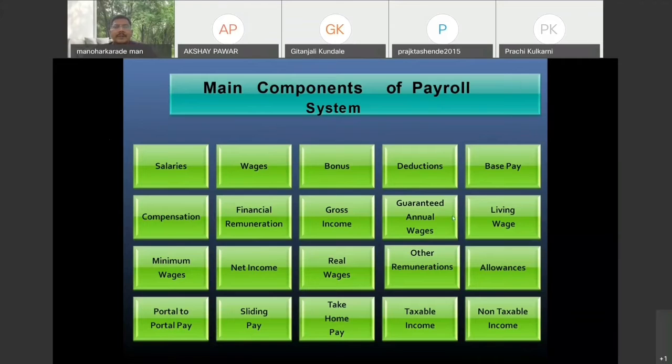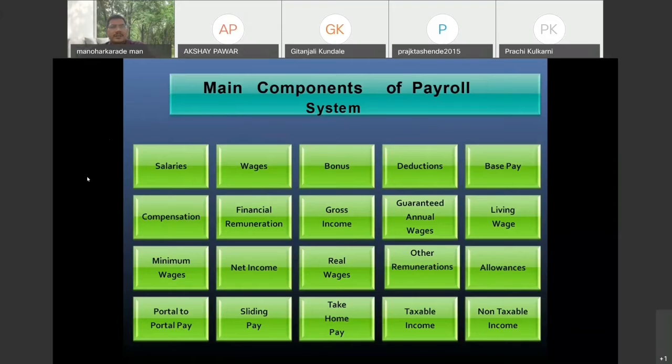Gross income, then guaranteed annual wages, living wages, minimum wages, net income, real wages, other remunerations if paid to the employees, allowances which are required to be provided to the employee, deposited in banks, and banks are depositing the salaries to the employees. So from one portal to another portal, the disbursement of the payments has to be done by the HR. So it is not a system.